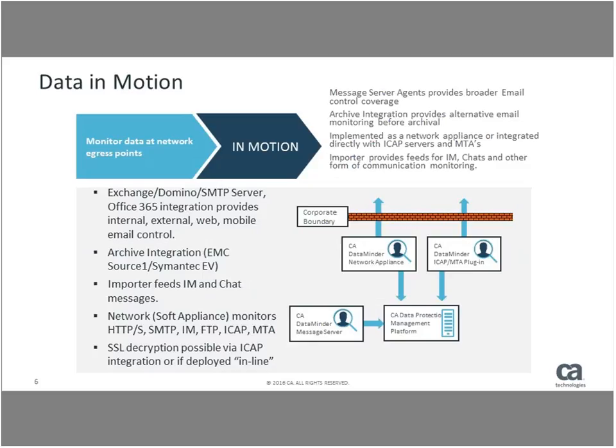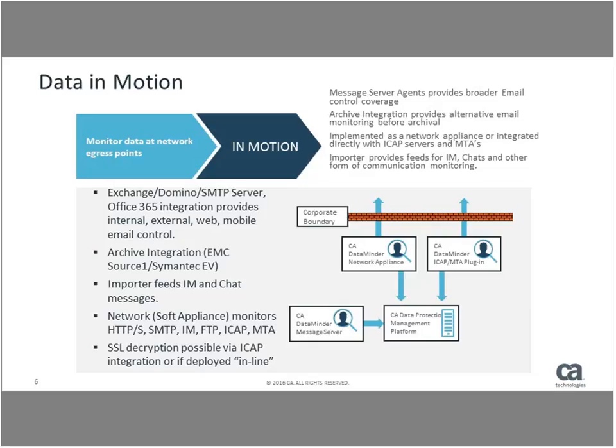At the network, we have a network appliance called NBA, which is a soft appliance that can be placed at the proxy and can monitor all the network traffic. And we have an ICAP agent that can sit at the Blue Coat or a Squid proxy that can monitor files being uploaded and downloaded.